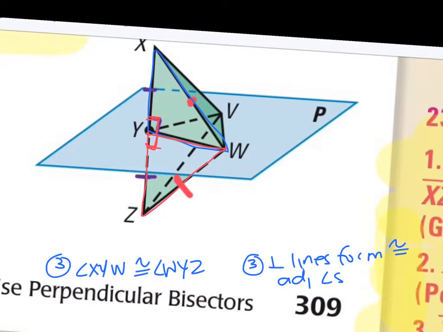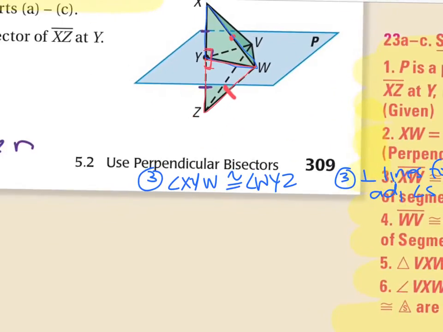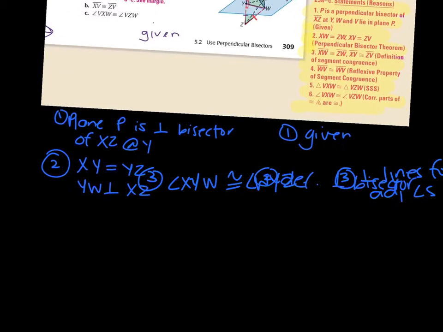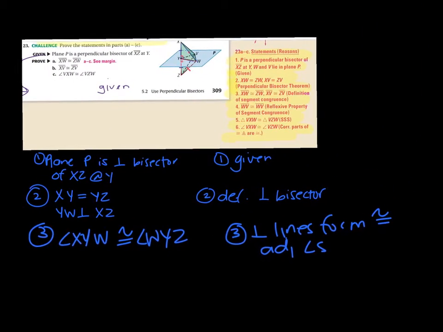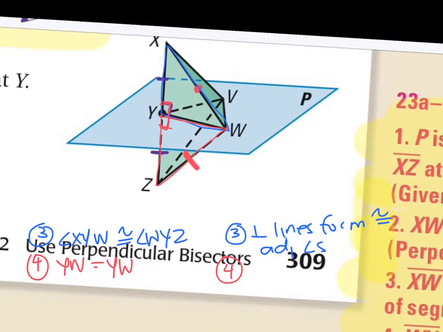So what piece of the triangle is shared? That reflexive side, that YW, right? So YW equals YW, for the two triangles that are here.